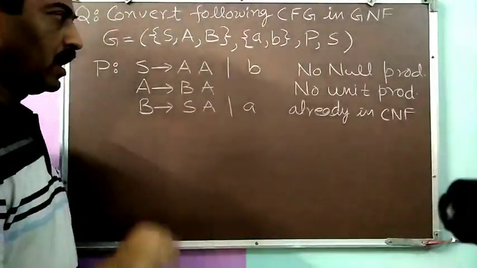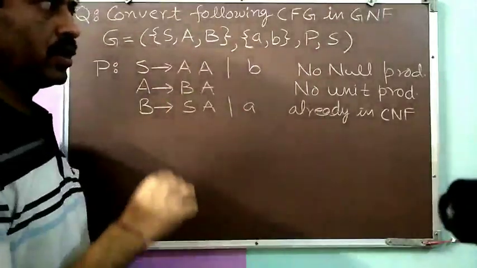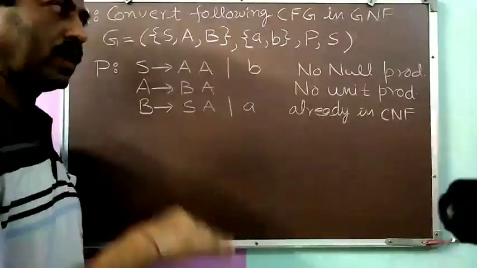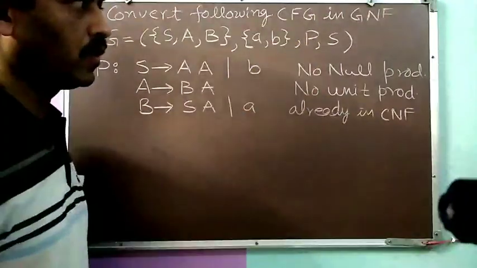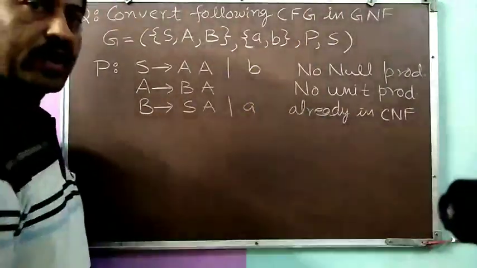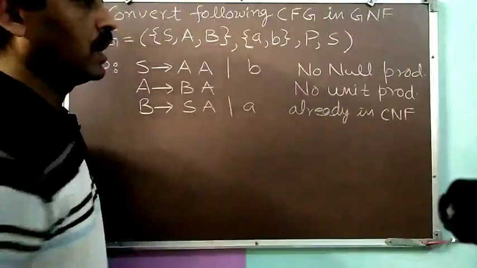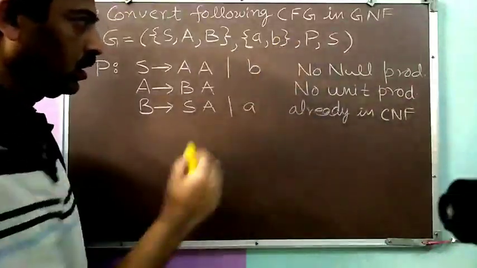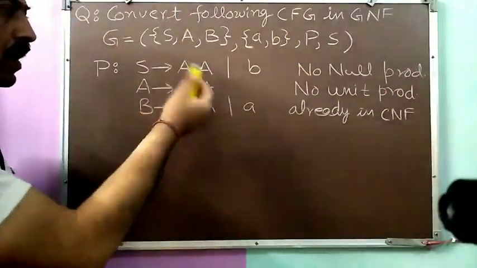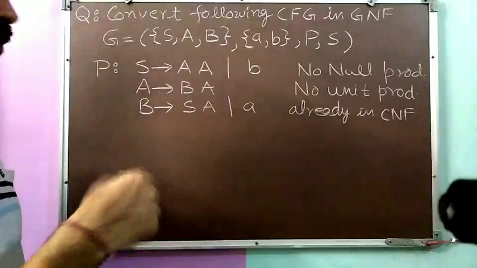If our grammar has either null productions or unit productions, or it is not in CNF, then we have to perform these three steps in this sequence. We will first remove our null productions, then remove our unit productions, and then convert our CFG into CNF. Once we have done all these steps, we will rename the variables. So in step 1, we rename the variables.